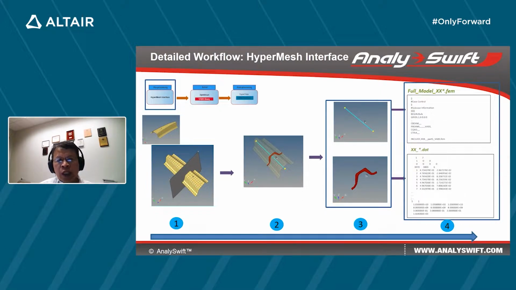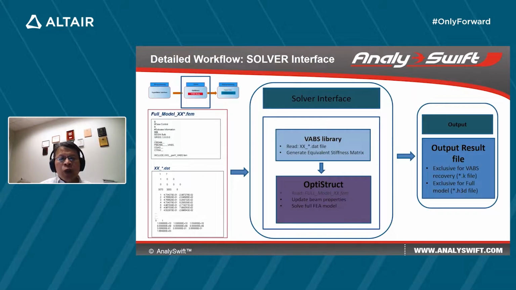Each of them could have the corresponding data files. Then for each cross section, we invoke the WEBS library to compute the sectional properties as input for OptiStruct beam elements. Then we output the results.